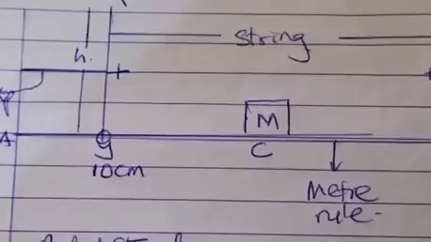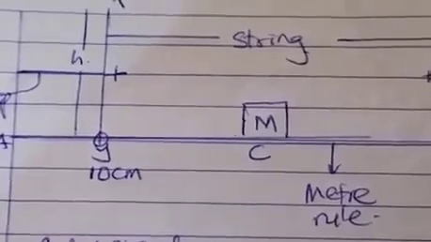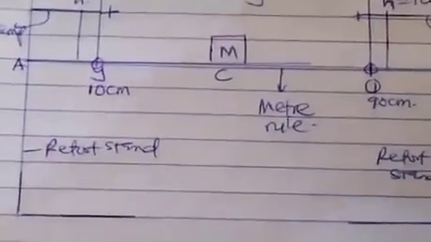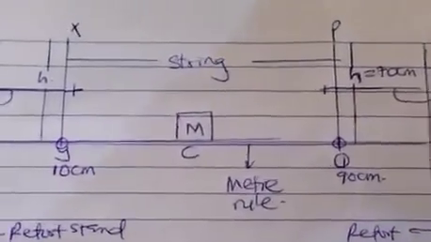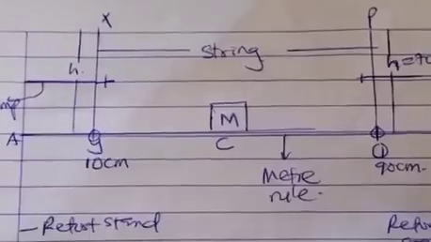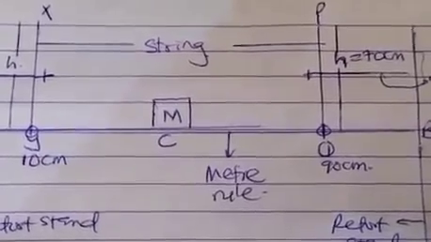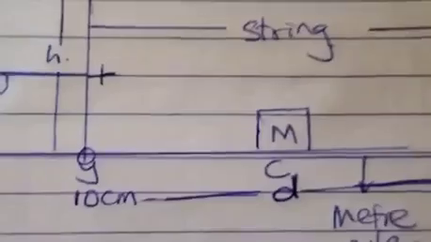The mass is M, and the meter rule is set into 20 vertical oscillations. Then we use the stopwatch to time the time taken for the meter rule to perform 20 vertical oscillations.